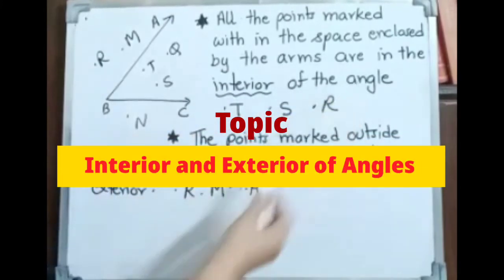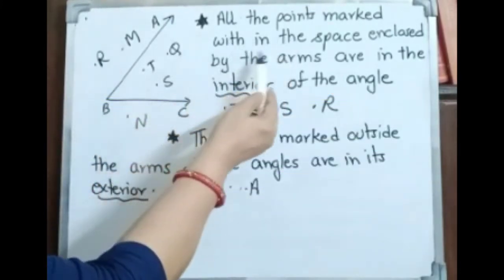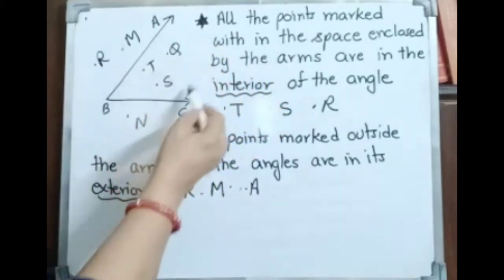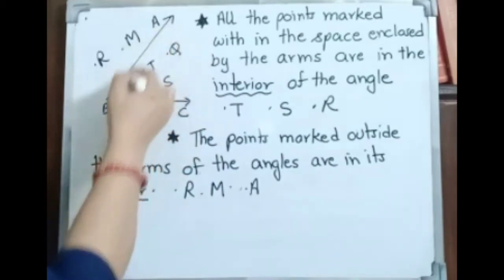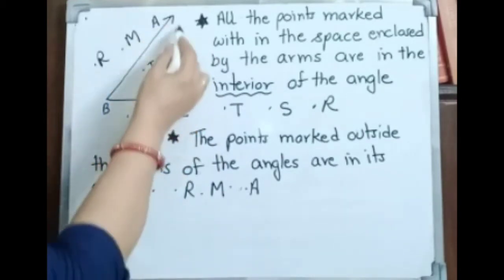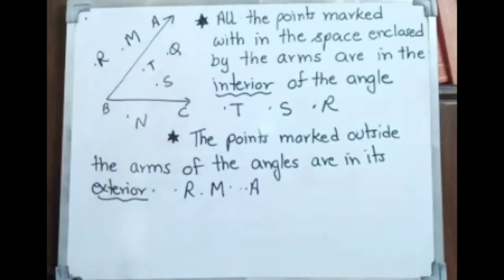Interior of the angle and exterior of the angle. All the points marked within the space enclosed by the arms, inside this space, are the interior of the angle.